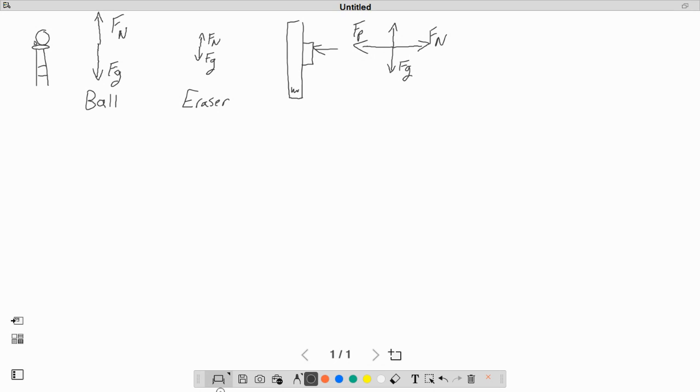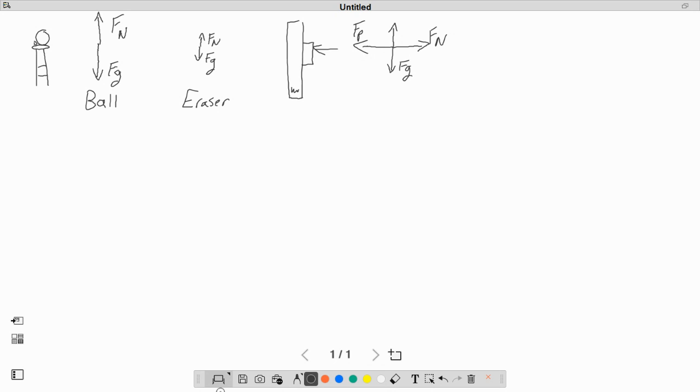Is it opposite gravity? No. Is it the same size as gravity? Probably not. I mean, maybe coincidentally it is, but really how big the normal force is just depends on how hard I push. I can push very lightly, I can push very hard. It's going to be the opposite of whatever I push it with. Because again, it's those electrons not wanting other electrons near them.